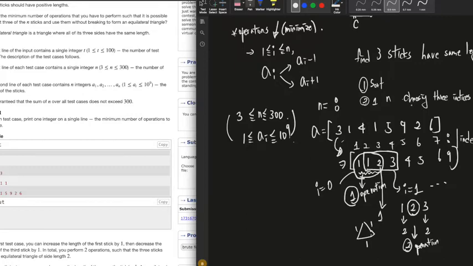And within the 3 indices, we find the minimal number of operations. Yeah, that's pretty much everything for problem A.